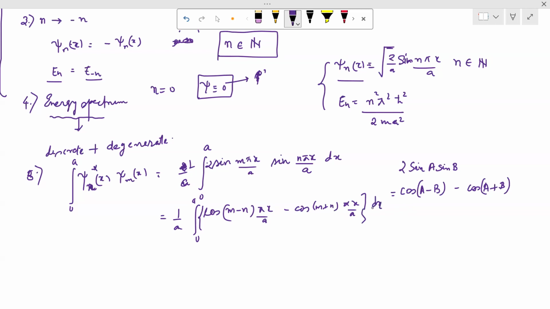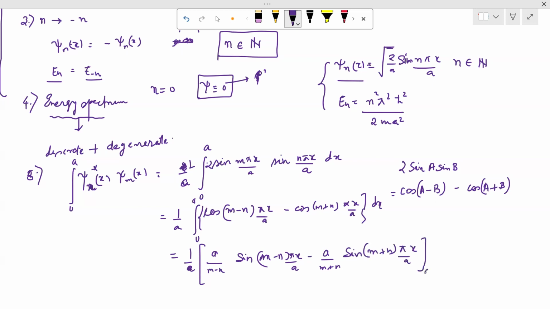If you integrate this, what will you get? There would be some constant, I'll write it here so that you don't get confused: a upon m minus n sine of m minus n pi x upon a, minus a upon m plus n sine of m plus n pi x upon a, from 0 to a.